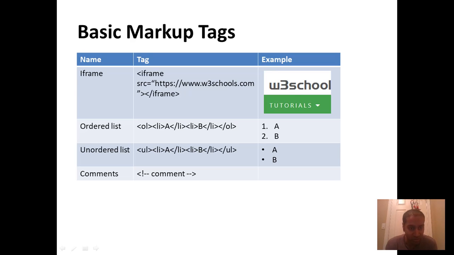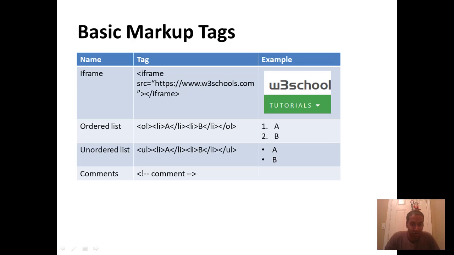Next, we have ordered lists, which are used to display numeric lists. If you look on the right, you see a 1 and then the A for the first element, and a 2 and then a B for the second element. An ordered list has the tags OL surrounding it, and for each element that you want in that list, you would place LI and then a closing LI surrounding the text you want to display, or the HTML you want to display for that element on that list.